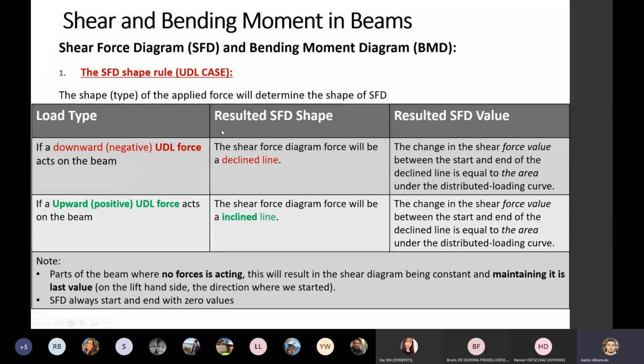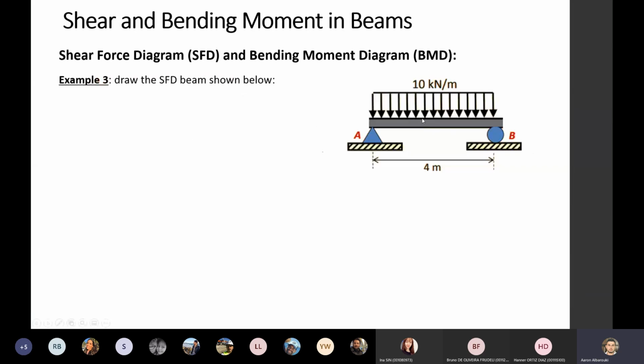So the UDL forces, if downward, would produce a declined line. That means going down. Downward is negative. Agree, guys? So this 10 kilonewton is negative as a shear force, if you remember from our sign convention. We agreed we're always taking an imaginary cut at these points and looking at this side of the beam.